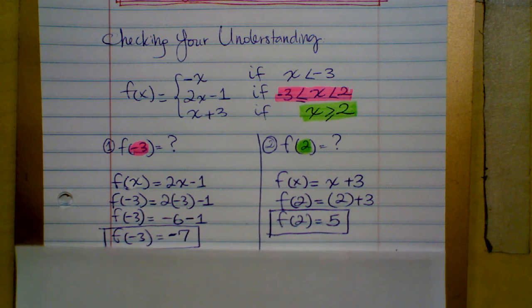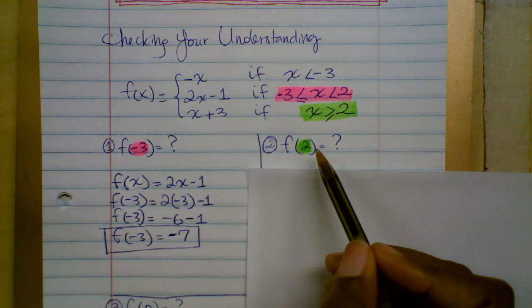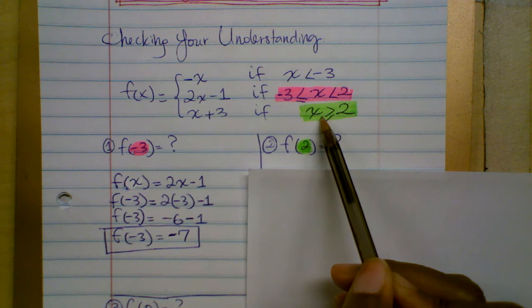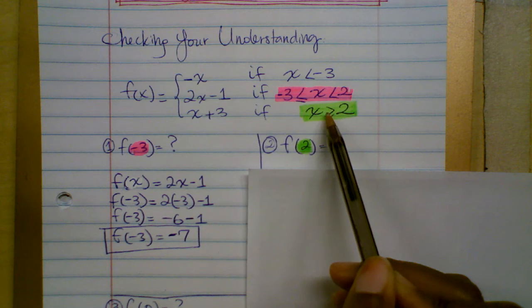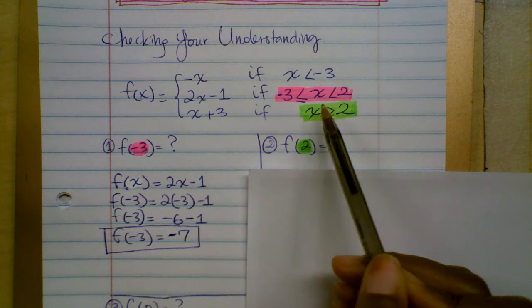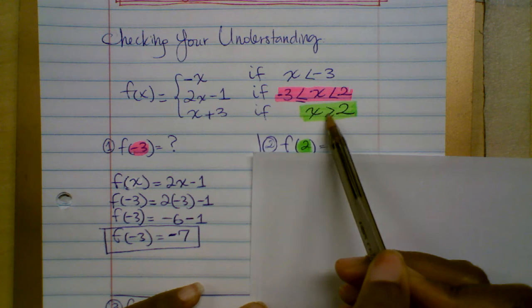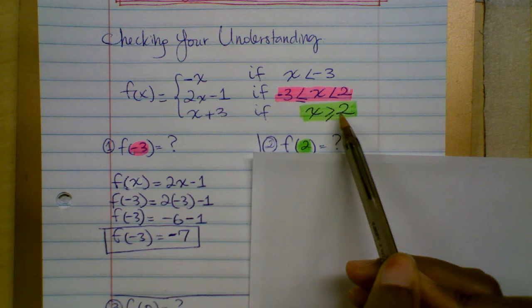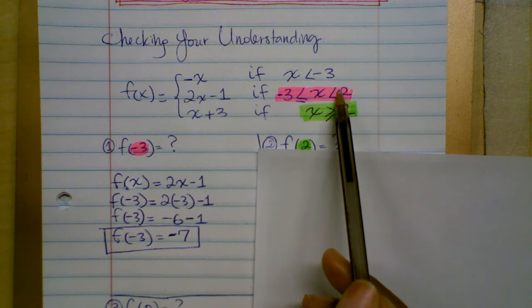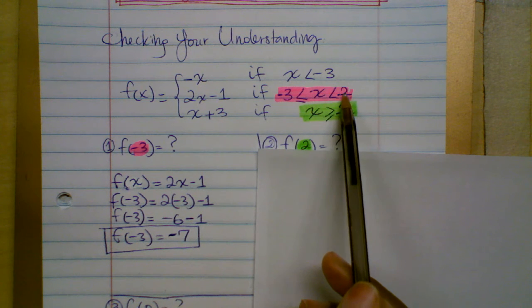That's it. Now let's move on to the next one, f of 2. Remember, you want to find which domain the 2 belongs to. 2 belongs to this domain restriction. Why? If I write 2 here, you see that 2 is greater than or equal to 2, so 2 is equal to itself. This is its correct domain restriction, not the other one, because 2 is not less than 2.